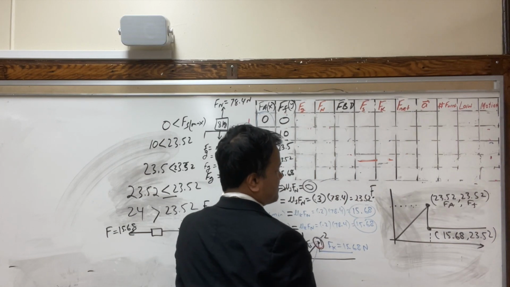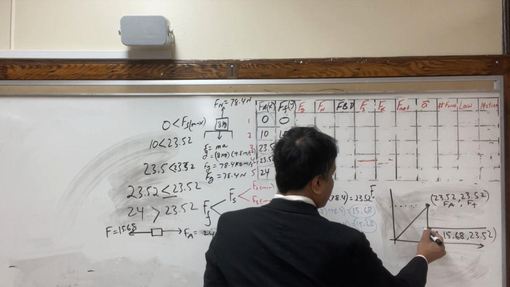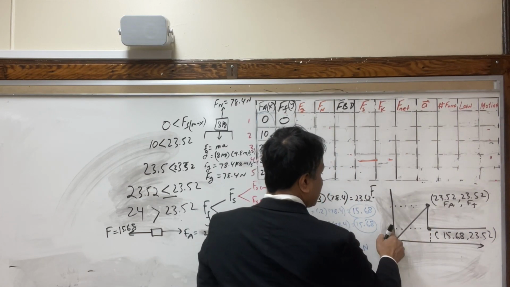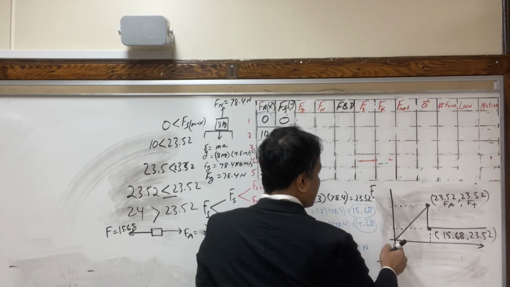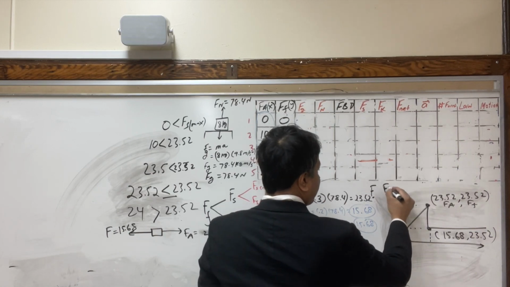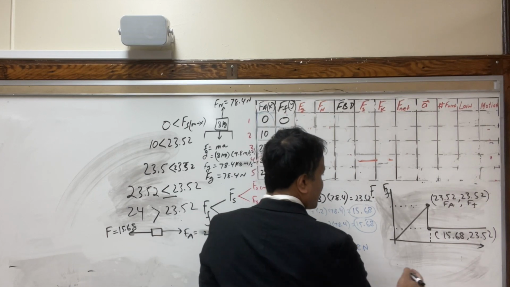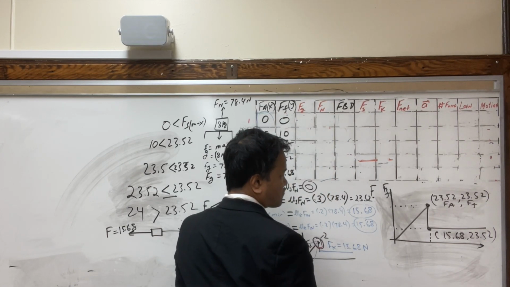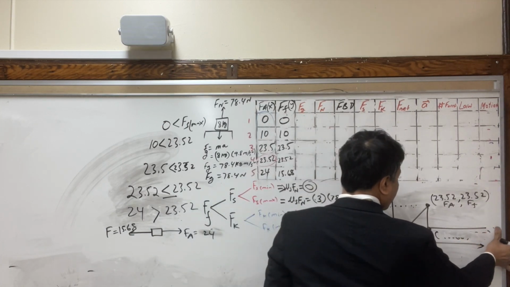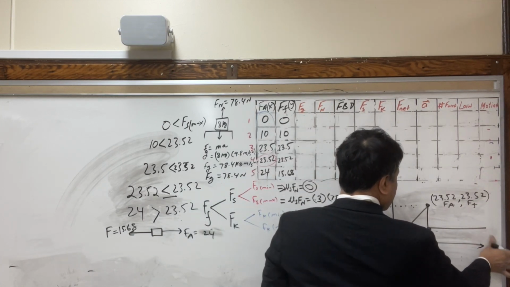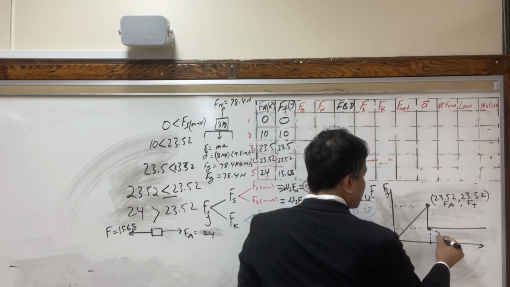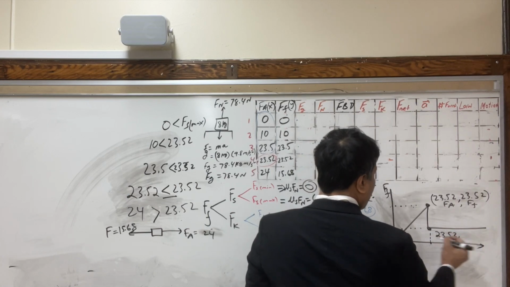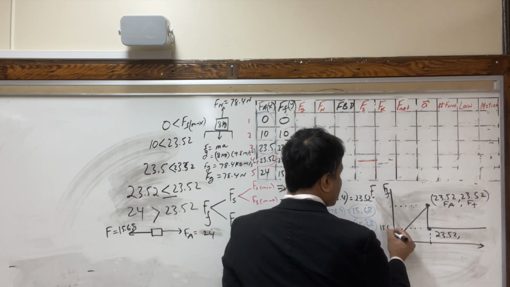So this is FF, 15.68. You put X first, so this is 23.52, comma 15.68.